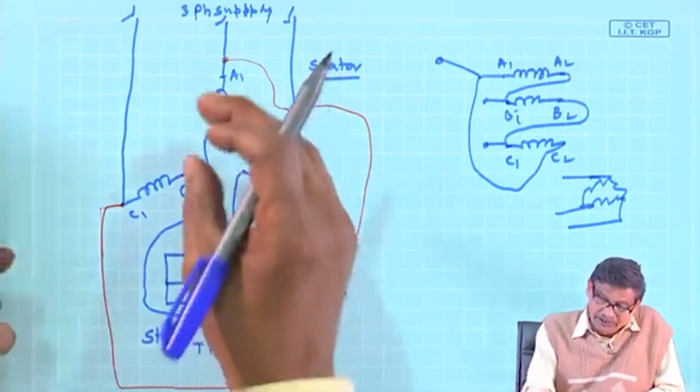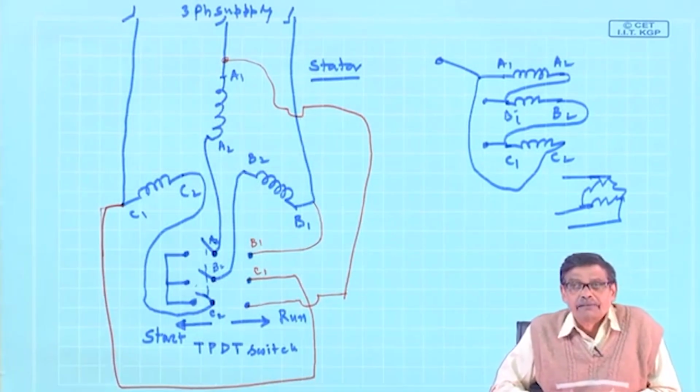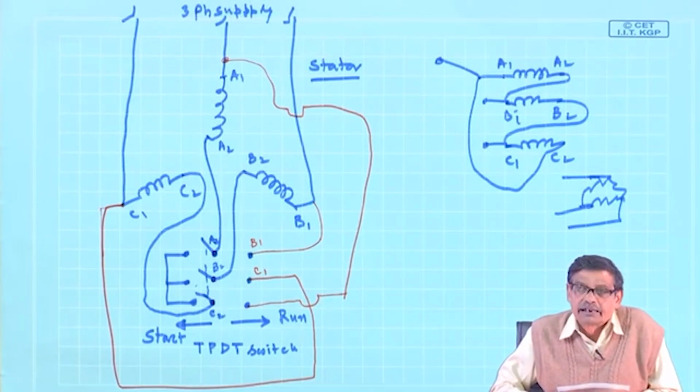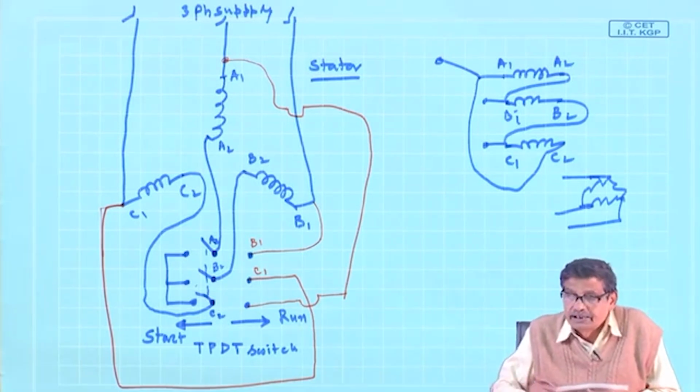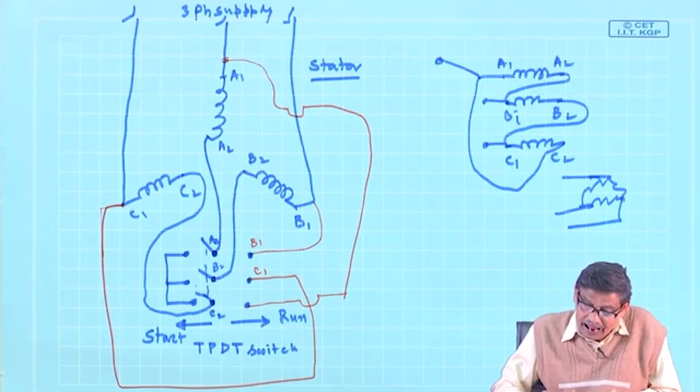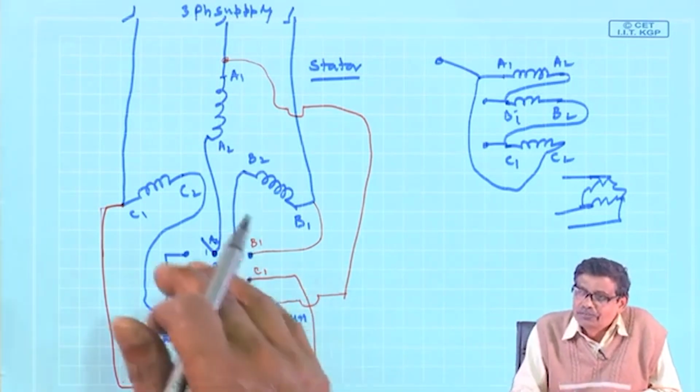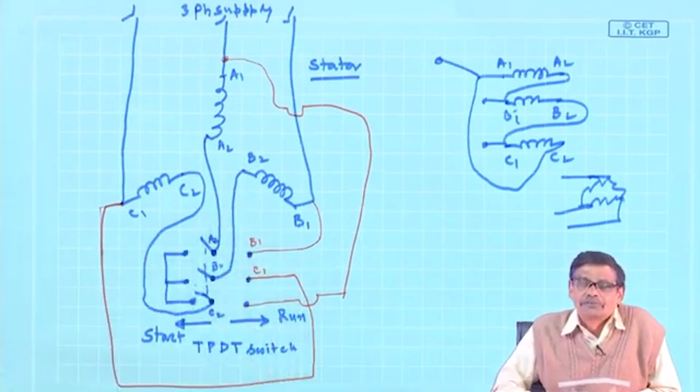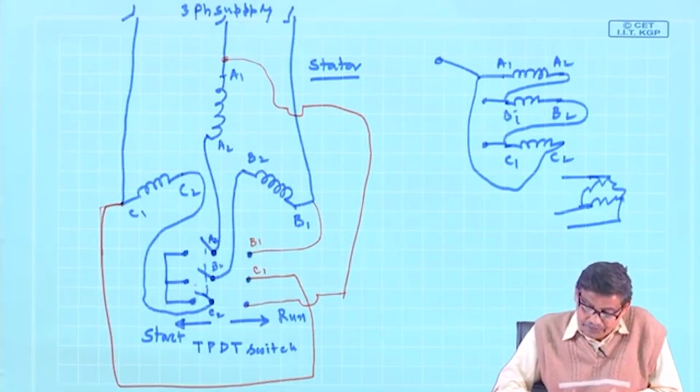So, if 6 terminals are available, that means, as is often the case with induction motors with 6 terminals, it is perhaps designed for delta connected operation for normal operation, and for that machine you can exploit this method of starting at the time of starting.